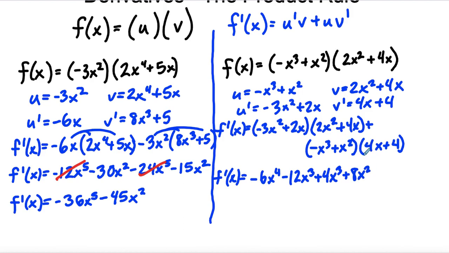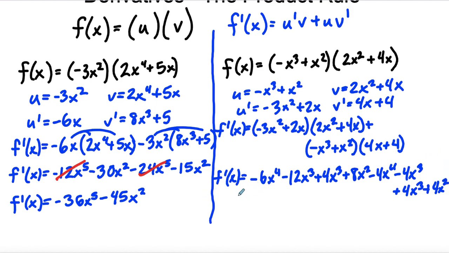Negative x cubed times 4x gives me negative 4x to the fourth. Then I'm going to have negative 4x cubed. And again, I ran out of room, so we'll write our last two terms down here: plus 4x cubed, and then plus 4x squared. You can already see something's going to cancel out.